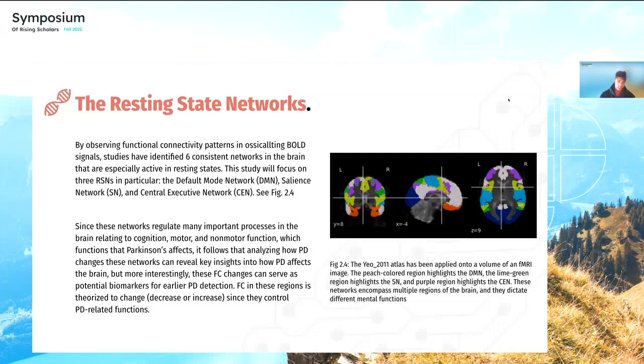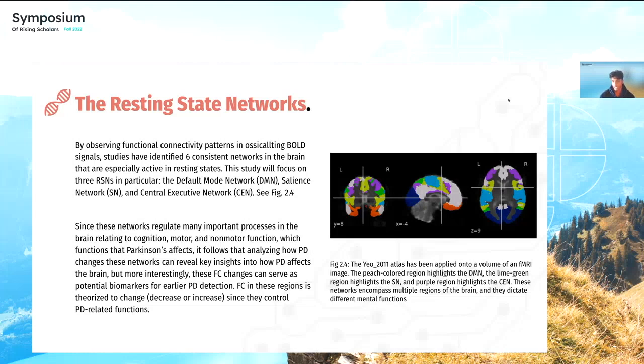These networks specifically were chosen because they regulate many important processes related to cognition and motor skills, which are what Parkinson's disease disrupts. So in theory, the presence of PD should alter functional connectivity in these regions. And more importantly, recent studies have shown that FC signatures can serve as a loose form of biomarkers for researchers to predict diseases. This was done on Alzheimer's pretty recently.